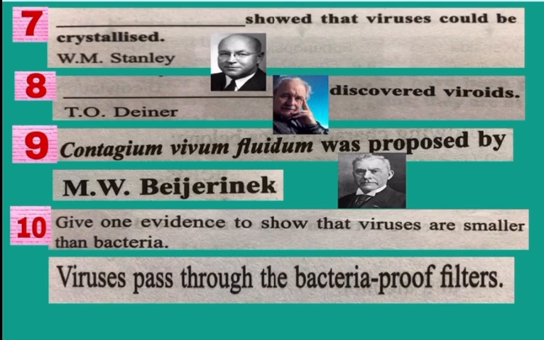Question number 9. Contagium vivum fluidum was proposed by Dash. M. W. Beijerinck in 1898 demonstrated that extract of infectious tobacco plants could cause disease in healthy plants and called it Contagium vivum fluidum, which means infectious living fluid.